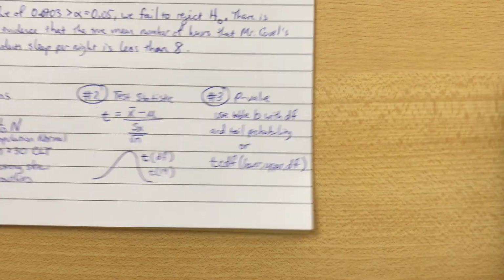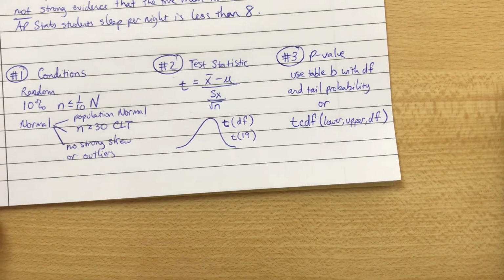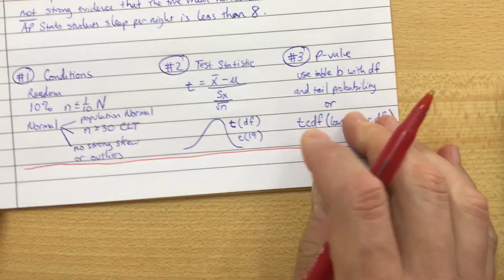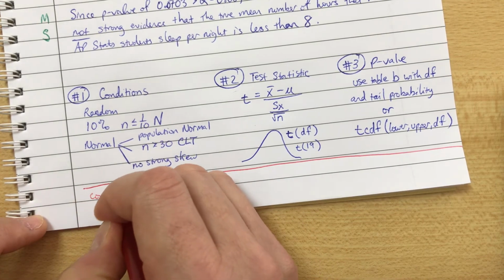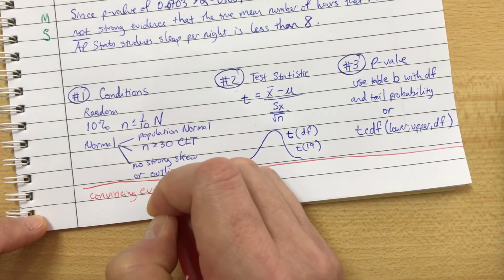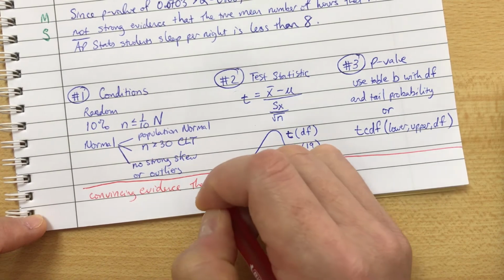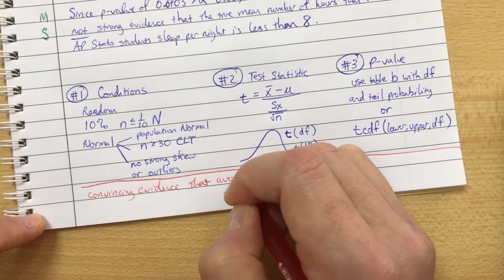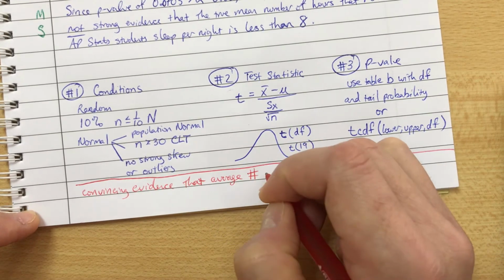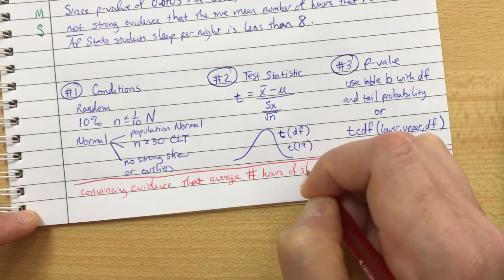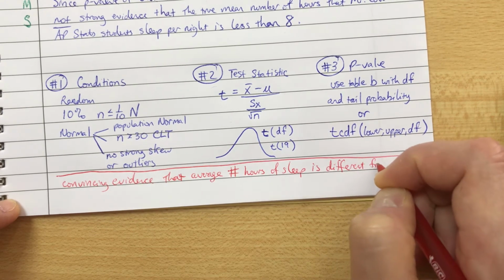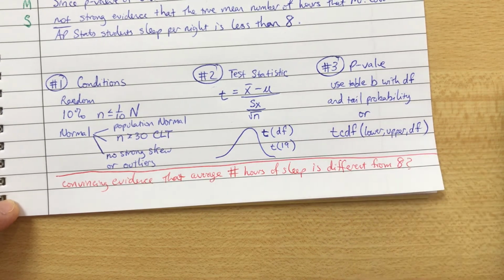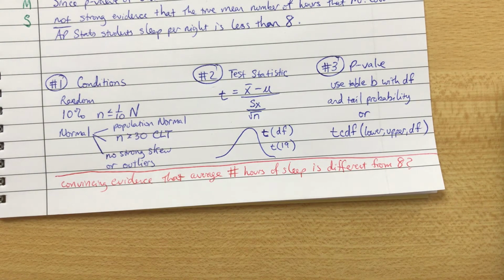What if the question had been, okay, now I know this is the very bottom of my paper here, but what if the question had been, is there convincing evidence that the average number of hours of sleep is different from 8, is different from 8. How would that have changed the game? What would that have done if we had wanted to do that?